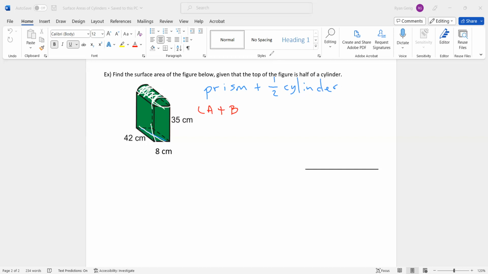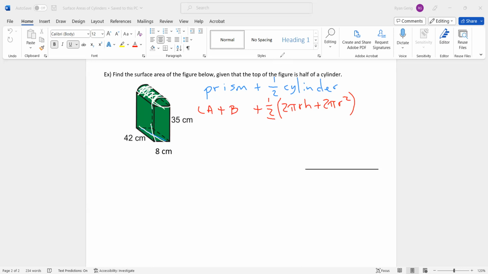So I'm doing the full surface area, 2 pi r h, that's the lateral area, plus 2 pi r squared. But I am doing half of it. Gotta remember that. I'm only doing half of the cylinder, not the whole thing. So you kind of have to piece together what you see and what you don't see. I know you're not going to like these problems, but you got to practice them.